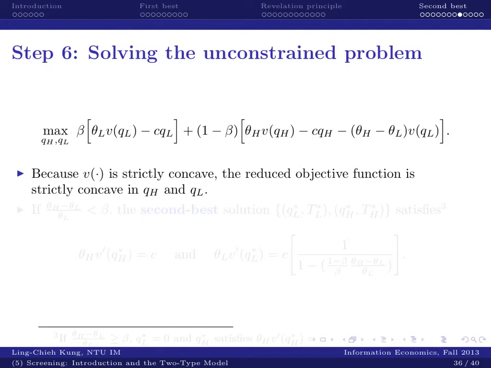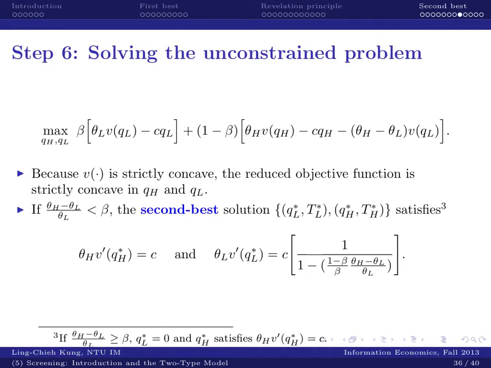Okay, and eventually after some derivations, you may want to verify the following thing is true. Suppose this condition is true: theta h minus theta l over theta l is less than beta. In this case, the second best solution, okay, which is a menu of two contracts, must satisfy these first order conditions.